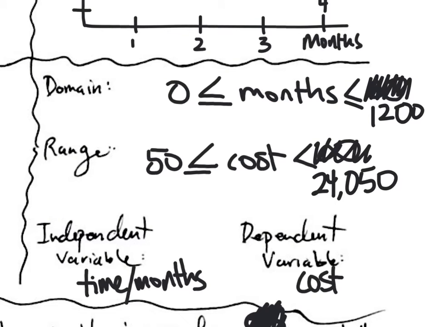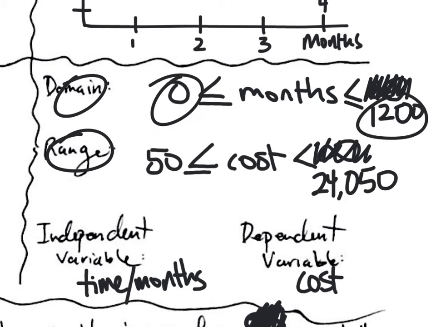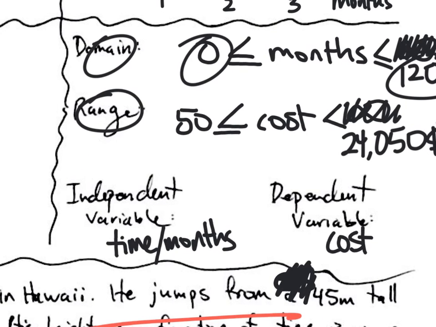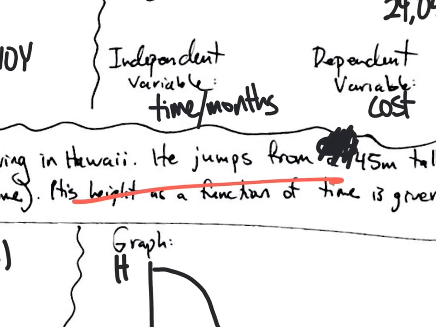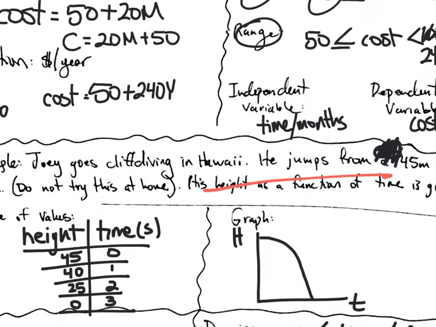And so here's the range. It depends on the domain, basically taking the values and plugging them into the original equation that we came up with. Independent variable is definitely time, the number of months for which he is a member of the gym, and the dependent variable, the cost, depends on how long he's a member for.